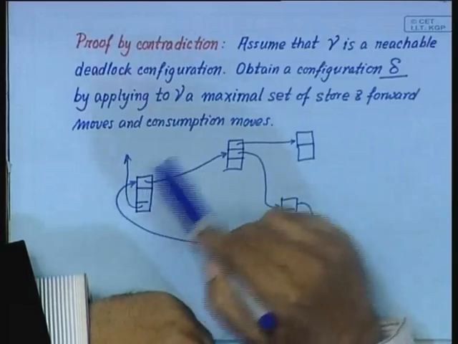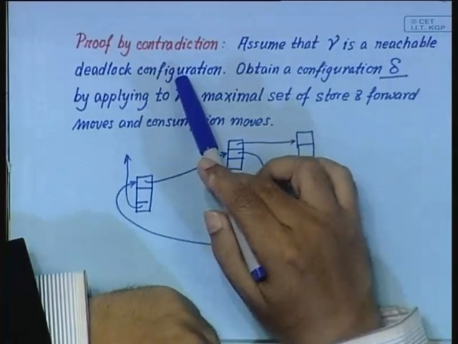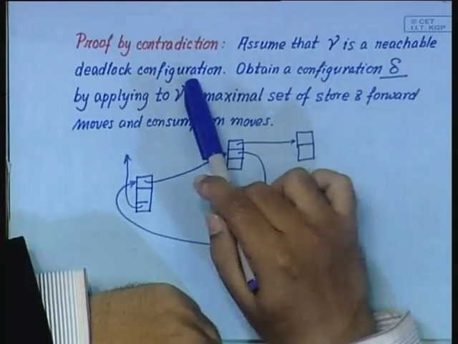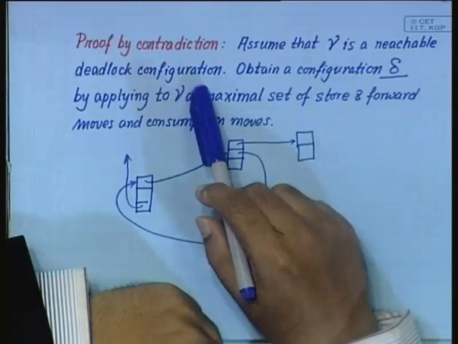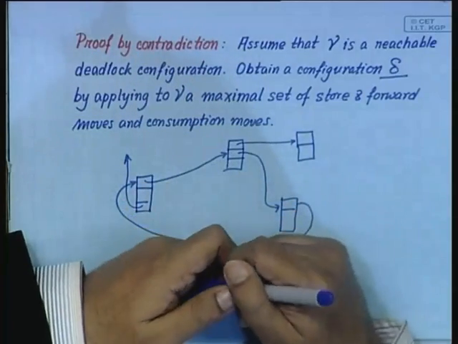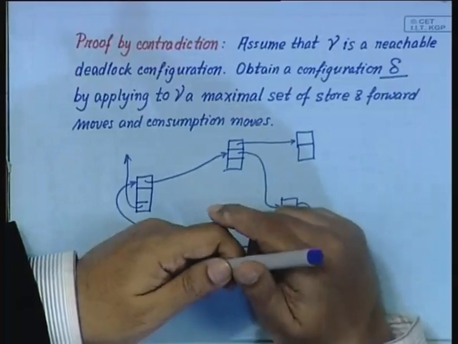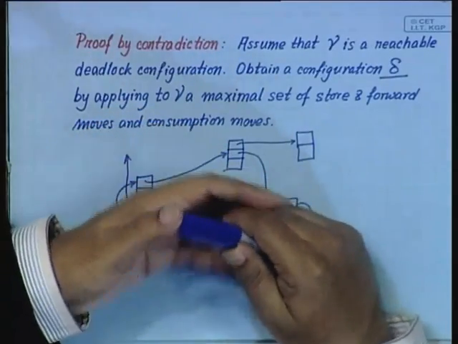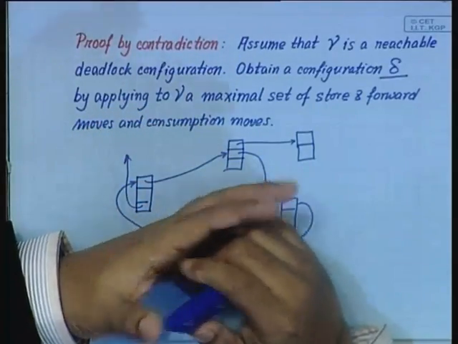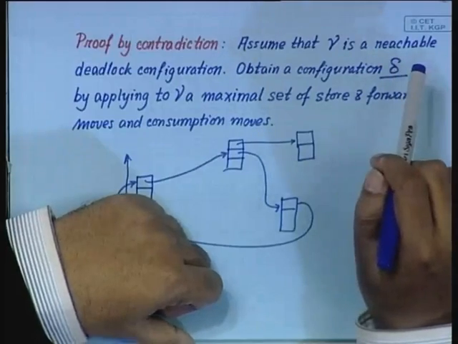Now in delta there is at least one packet which is not yet delivered. Why? Because in gamma there was a deadlock, so at least one packet was deadlocked, and deadlock means that it will stay, you cannot resolve the deadlock. If you could resolve the deadlock, then it is not a deadlock. So therefore at least some packet is there in the configuration delta which is not delivered.